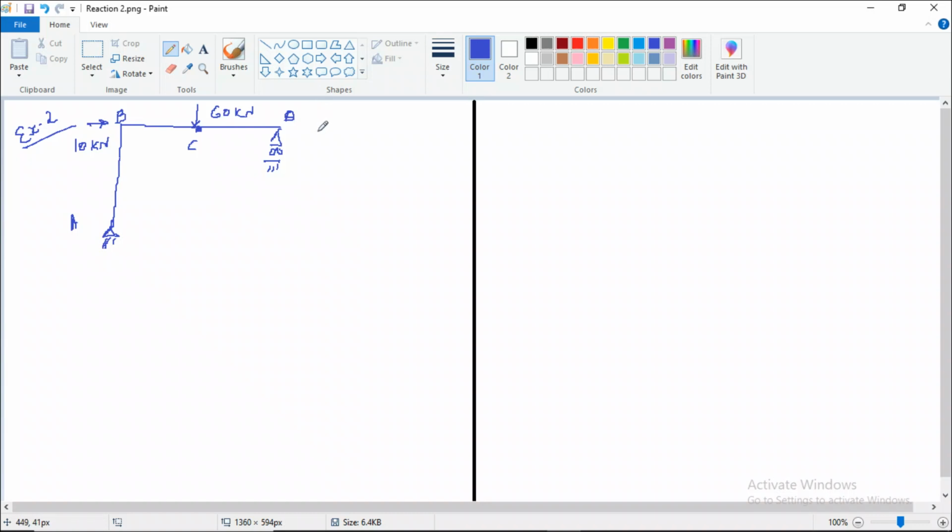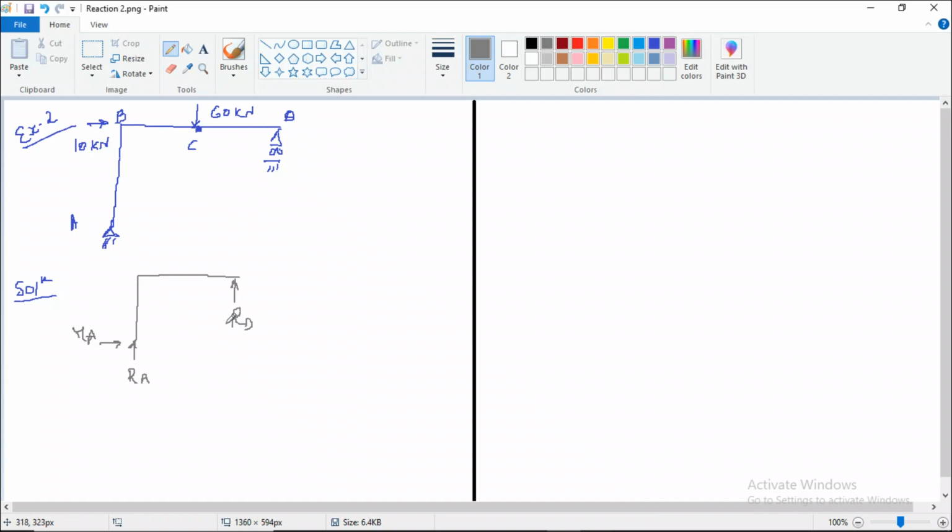Before we start, we need to draw the free body diagram for this. So it will look like this. Here we have a vertical force, that is RA, and there is HA because it is a hinge support, and here there will be a vertical perpendicular force, that is RD.